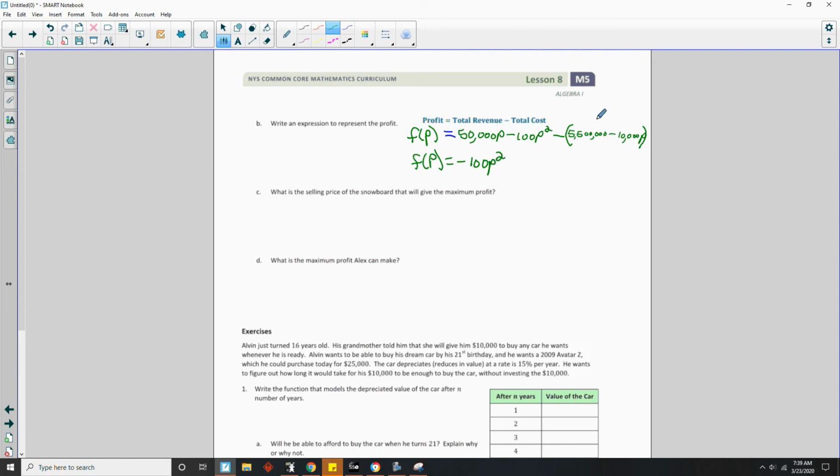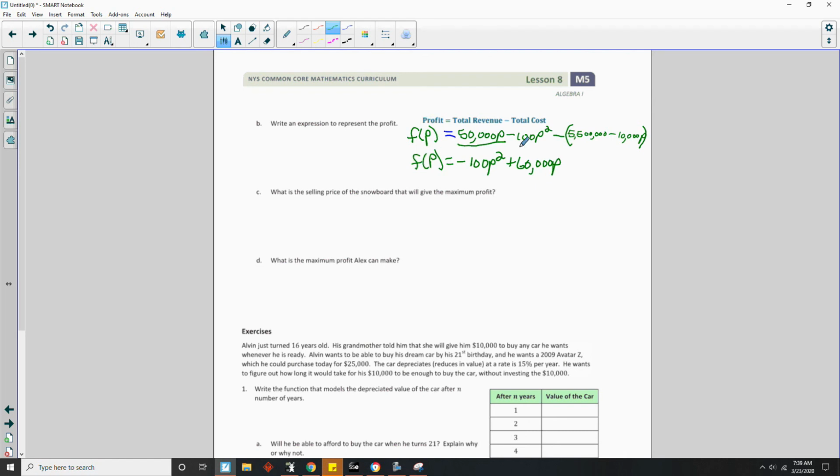And then I do my linear term, which is over here, minus a negative, careful, is plus. First of all, I need to do some distributing. Oh, here's a p here as well. So we have 50,000p plus 10,000p. So that's going to be plus 60,000p. Okay, did you catch all that?